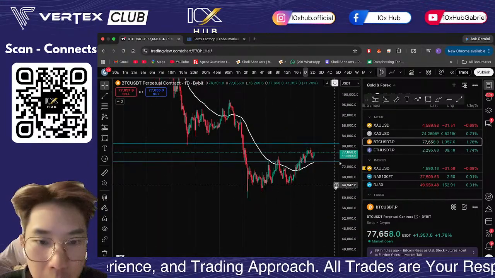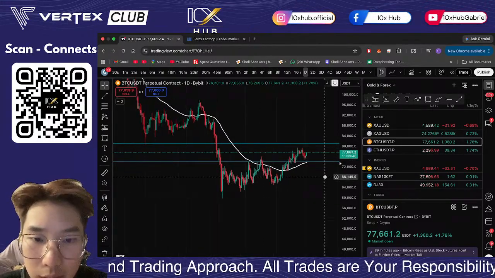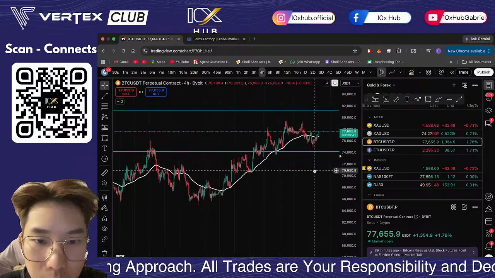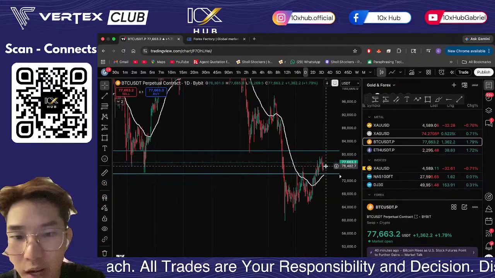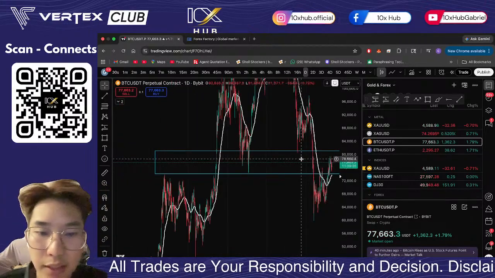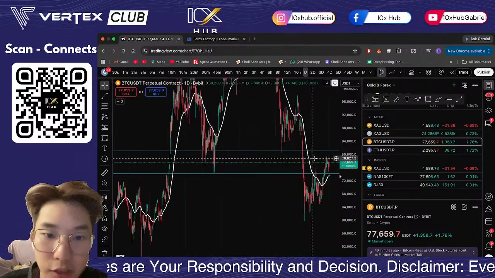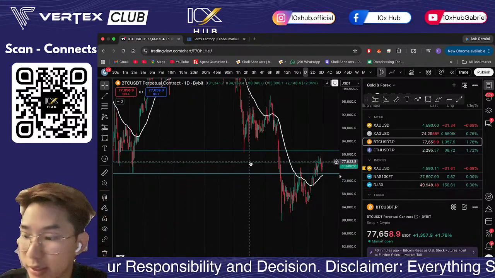Okay, let me see, 4 hours. Okay, so currently in the day chart and weekly chart, we are sitting in a very important resistance area, but I don't see any signs of turning downtrend yet, even though we are sitting in this resistance area.